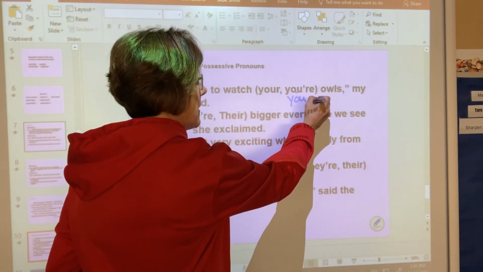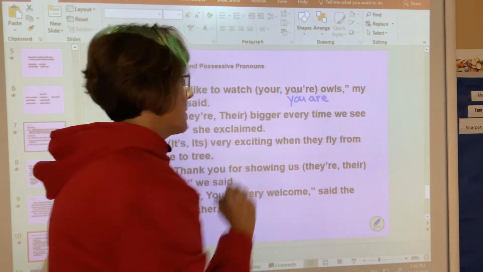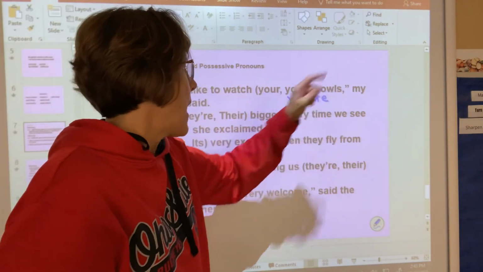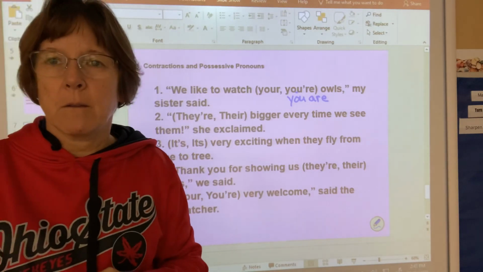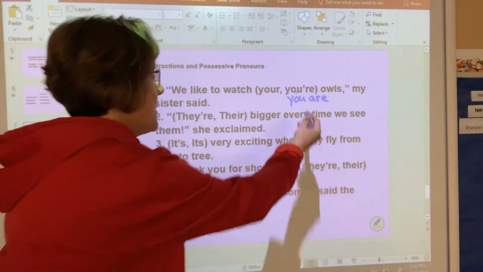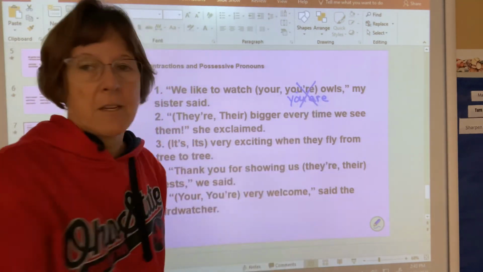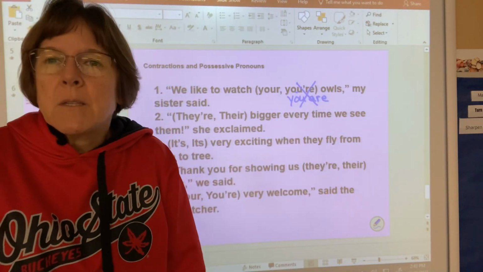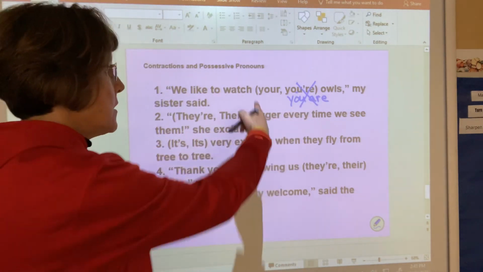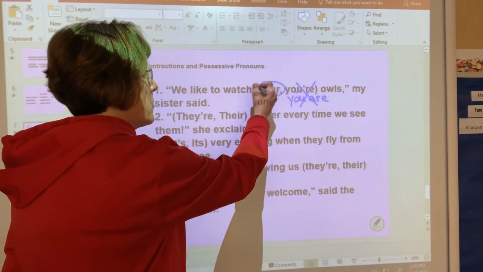And then we're going to see if that makes sense. We like to watch you are owls, my sister said. Does that sound right to you? No, so this is not the correct your, because it doesn't make sense if we put you are into the sentence. So the correct one is this one.